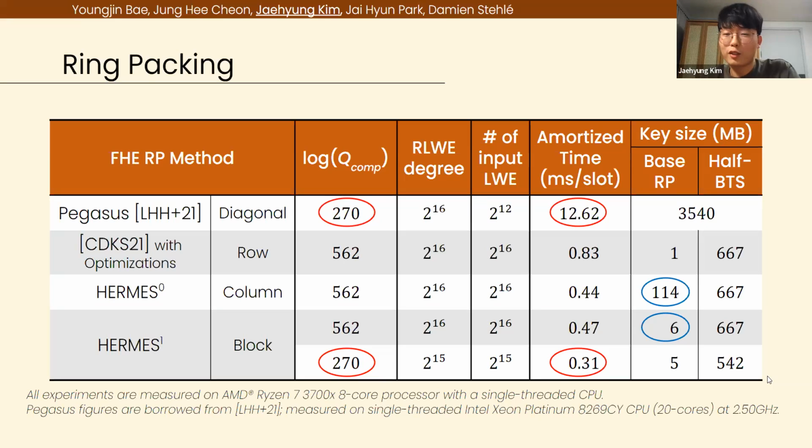So we could reduce the key size significantly while maintaining the throughput approximately similar. But actually, the half BTS key size, or bootstrapping key size, is still dominant in this ring packing scenario. But I want to add that the base ring packing key size of the column method is non-negligible compared to the bootstrapping key size, but ours is somewhat negligible.